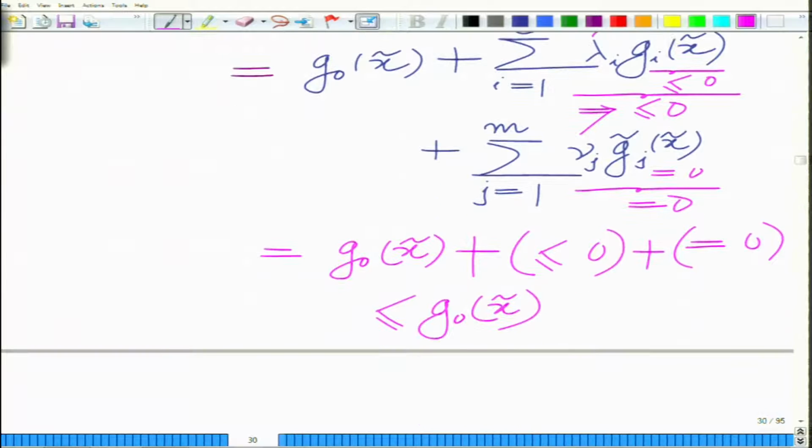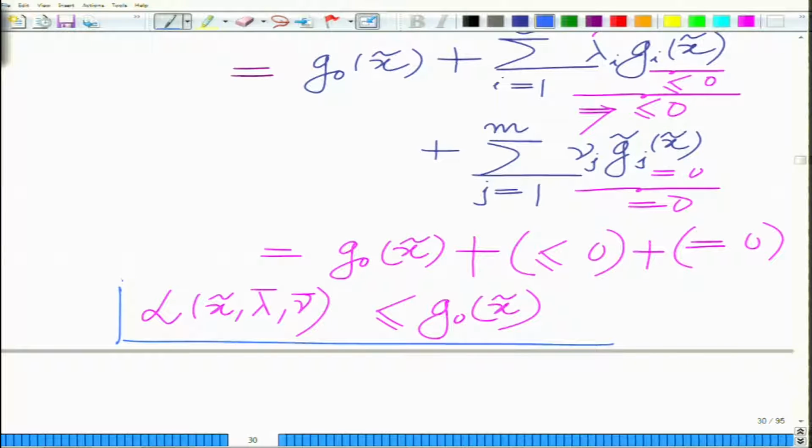This is the Lagrangian L of x tilde, lambda bar, nu bar. This is basically the Lagrangian for the optimization problem. This is less than or equal to G naught of x tilde for any feasible point.